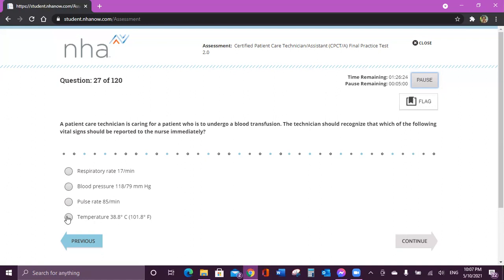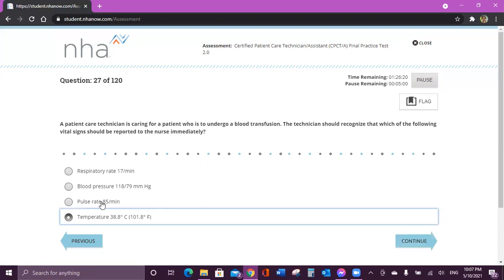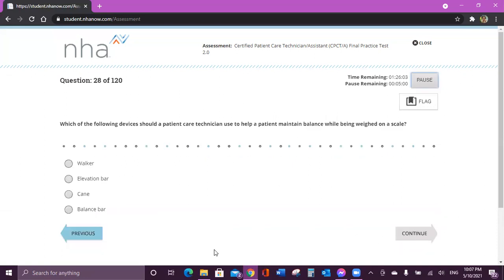So tiene una blood transfusion, okay? El pulso está bien. El blood pressure está bien. La respiración is to be from 12 to 20, it's good, tú ves. Entonces la fiebre.